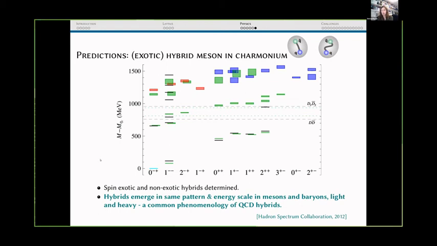So it seems to indicate that there's some common phenomenology for these hybrid states in QCD, and the way in which the mass of these states emerges from the gluonic degrees of freedom seems to be replicated as you go through the different sectors from light to heavy.